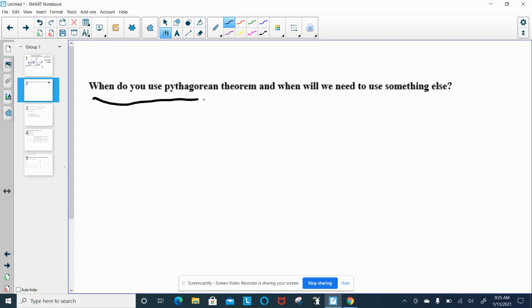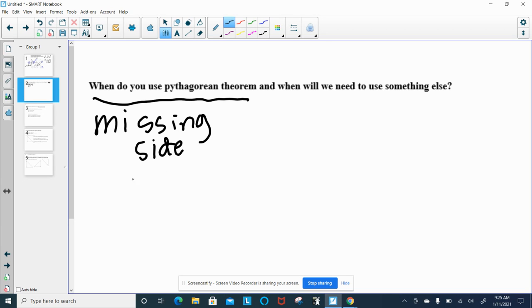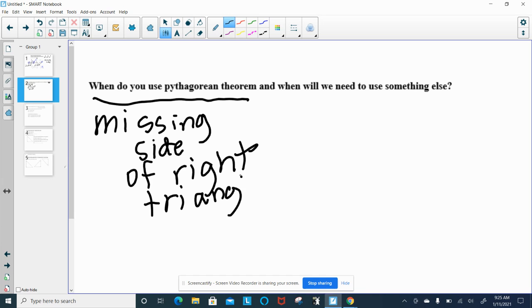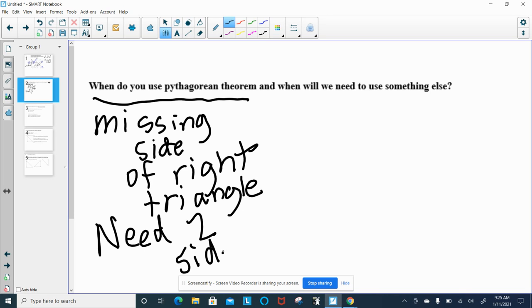So when do you use Pythagorean theorem? Well, you use it when you're looking for a missing side of a right triangle. And you need two sides. Like two actual numbers. So when will we need to use something else?